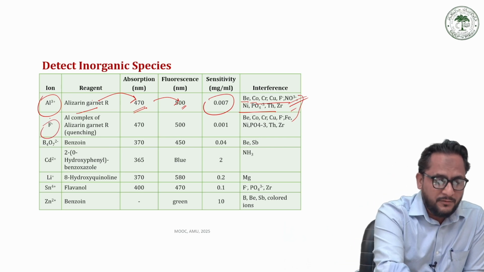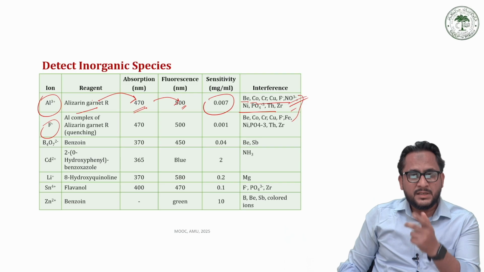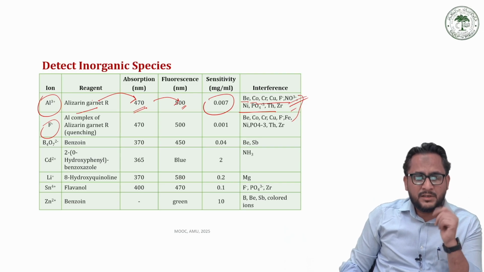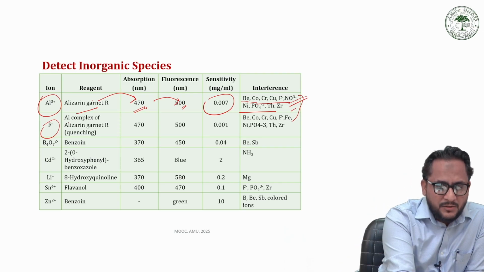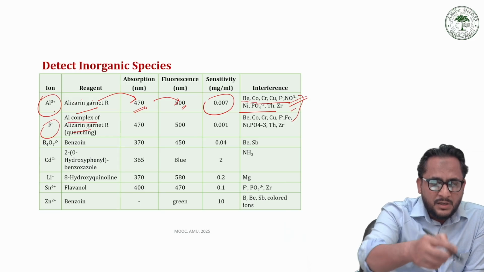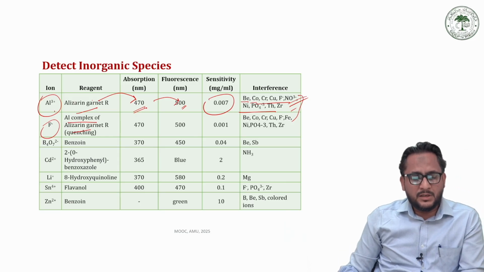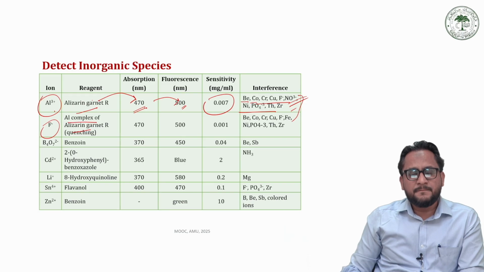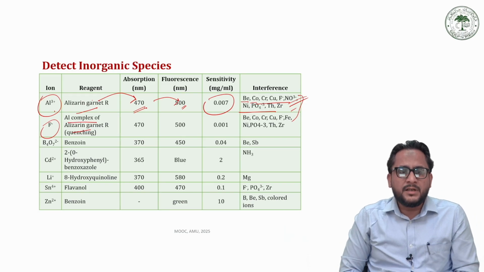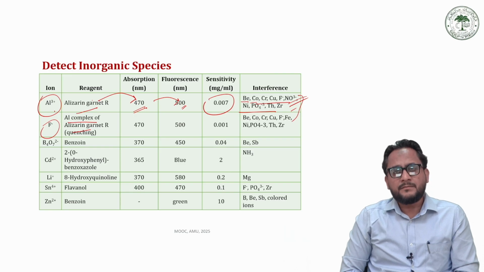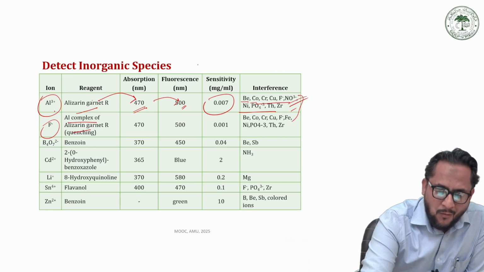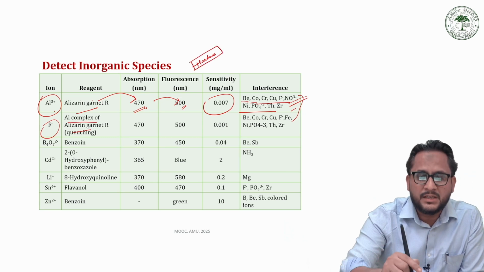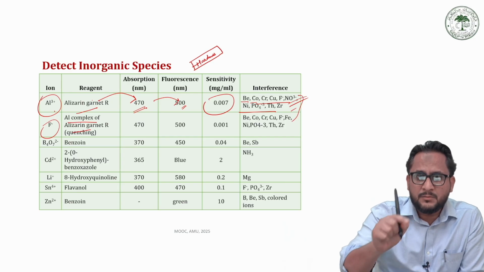Similarly, even fluorine, F negative, which is not a metal but a non-metal, can be detected. When Al forms a complex with alizarin, quenching occurs. If F negative is present, we can have quenching, and we can also identify the anion. And as you all know, hardness in water is because of the presence of cations with plus 2, plus 3 and plus 4 charge.